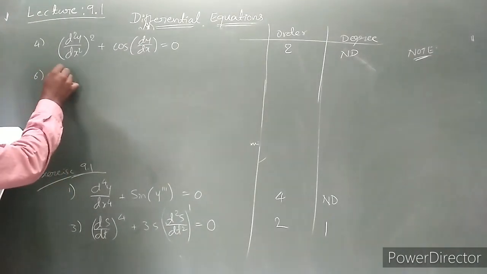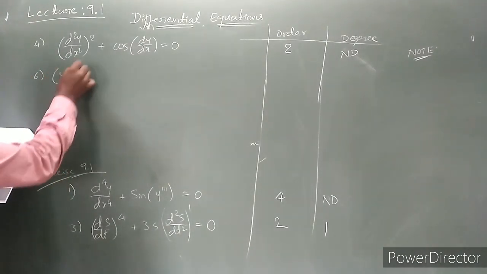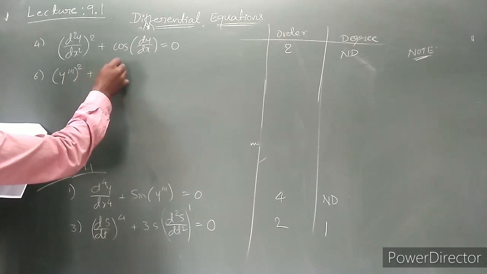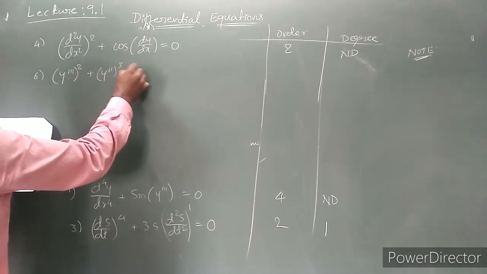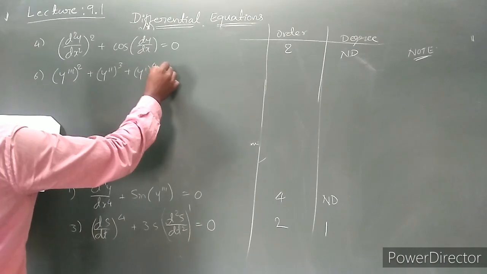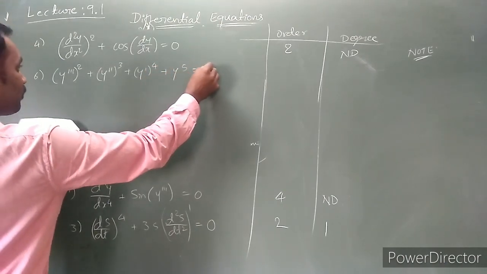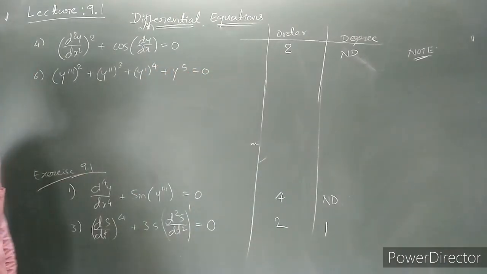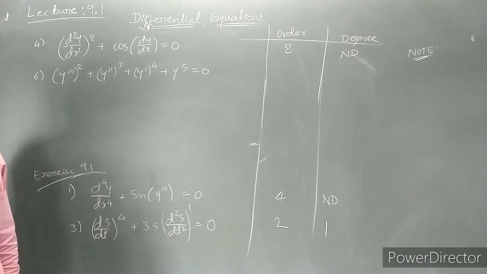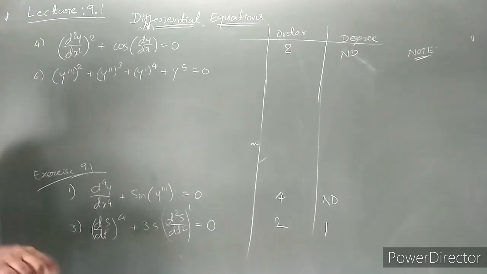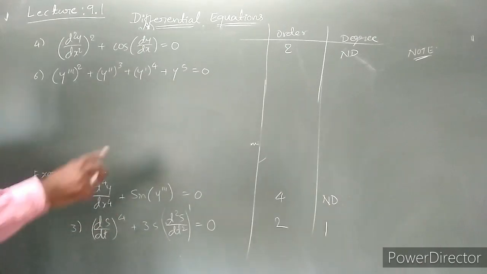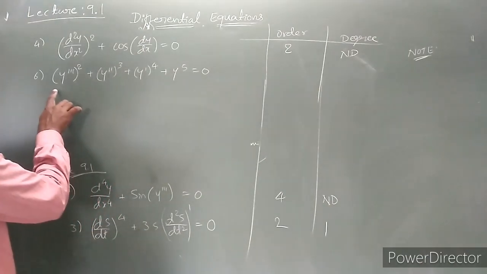Sixth one: (y triple dash) whole square plus (y double dash) whole cube plus (y dash) whole power 4 plus y power 5 is equal to 0. Write the order and degree. Highest order means highest order derivative. Maximum how many times they are differentiated?